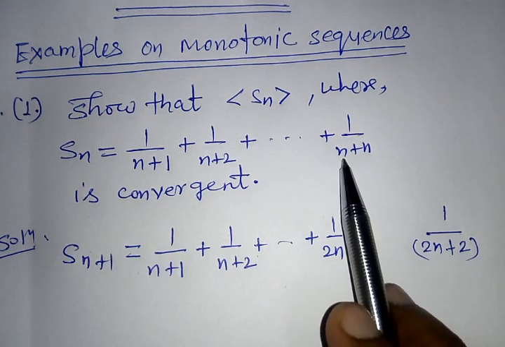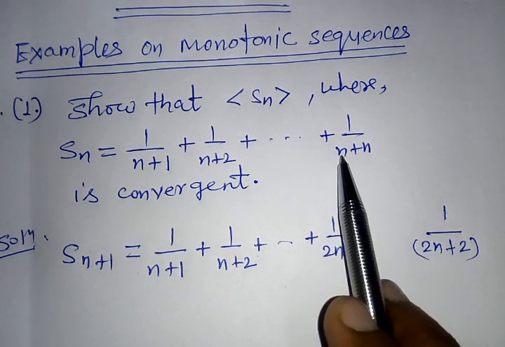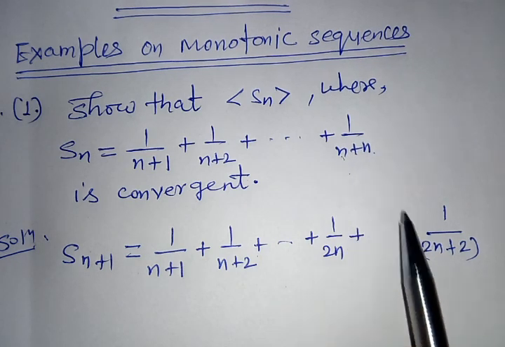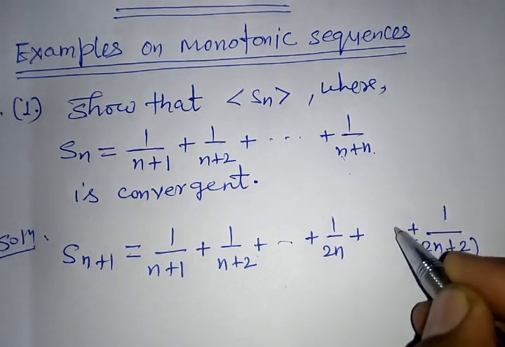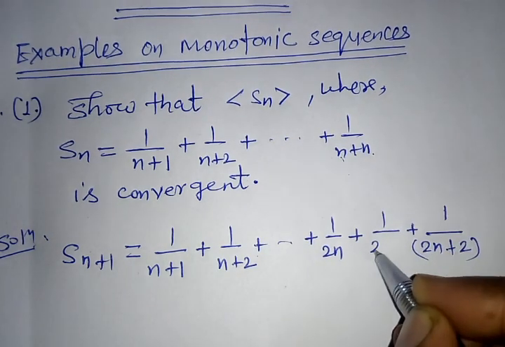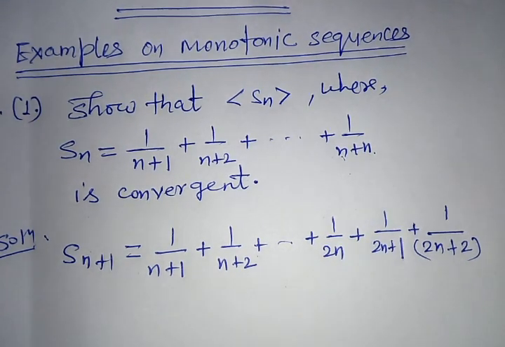Okay, if I put here n plus 1 in place of n, then n plus 1 plus n plus 1, I get 2n plus 2, and term before this term will be 1 upon 2n plus 1, and then 1 upon 2n, and so on. So this is Sn plus 1.